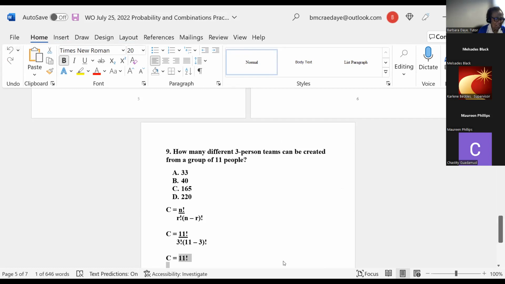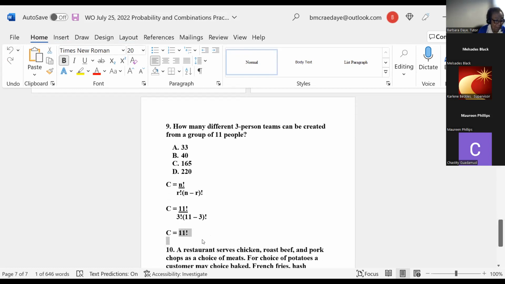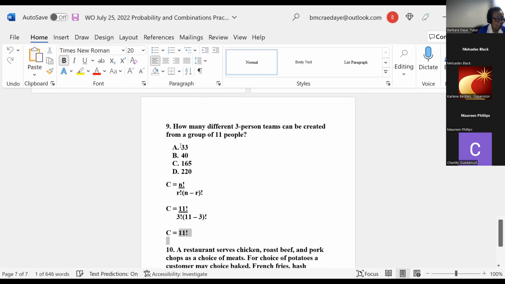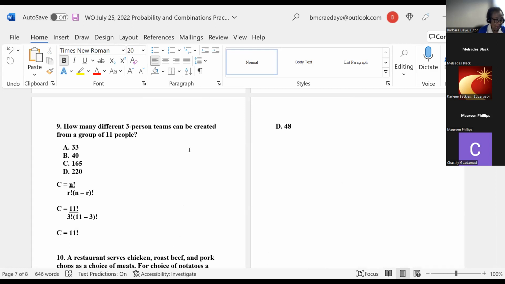I'm sorry, 8. Okay, so let's put our underline back. That would be 3 factorial times 8 factorial, right? 3 factorial, and 11 minus 3 is 8 factorial.